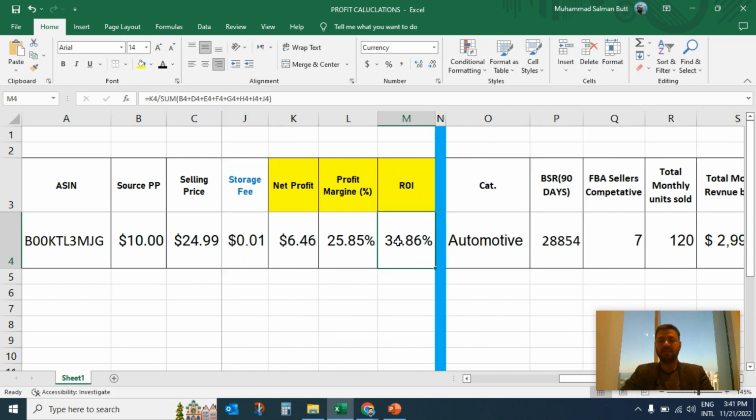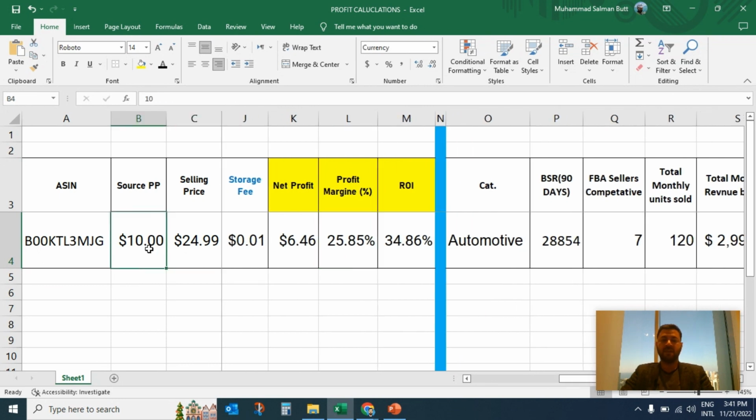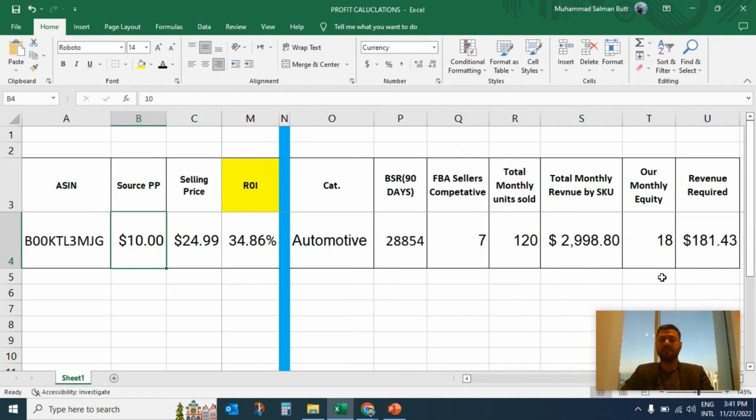You can see that in this product it is good ROI and profit margin also good. If you are successfully able to source this product at $10, here you can see how much you should order for 1 month. So if you want to order 2 or 3 months of inventory, then you can multiply by 2 or 3 in this way.